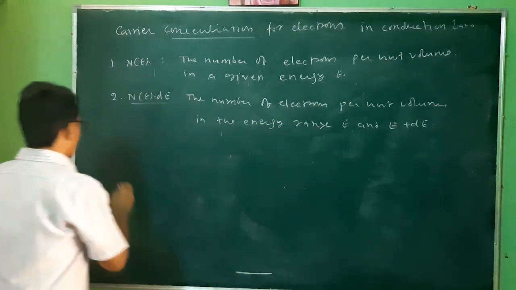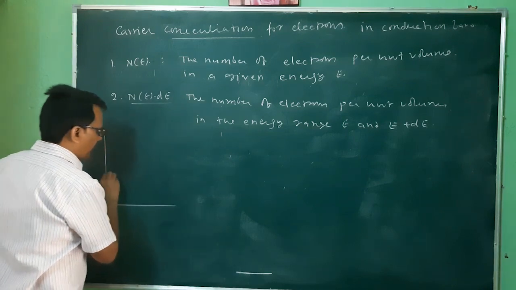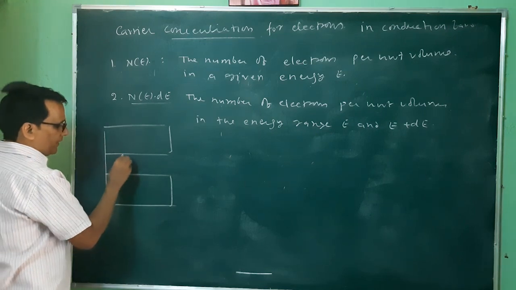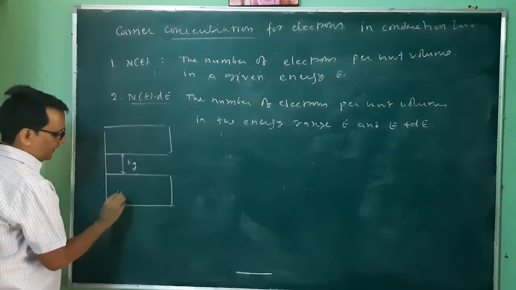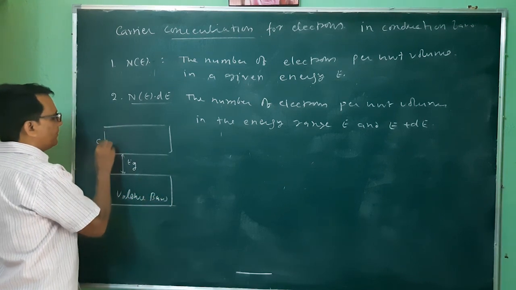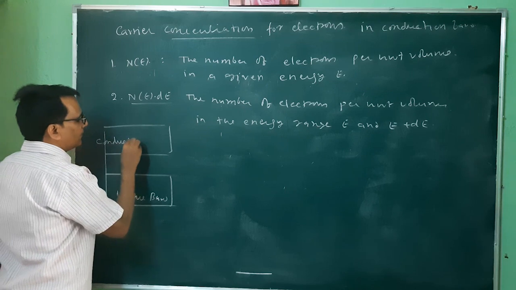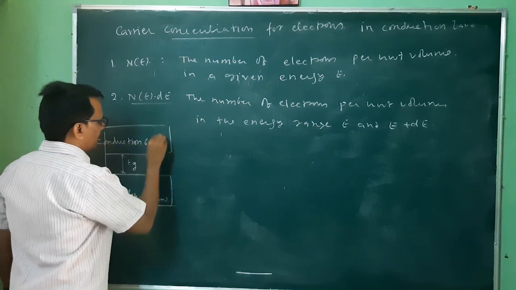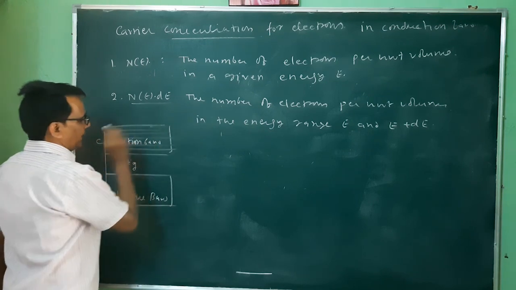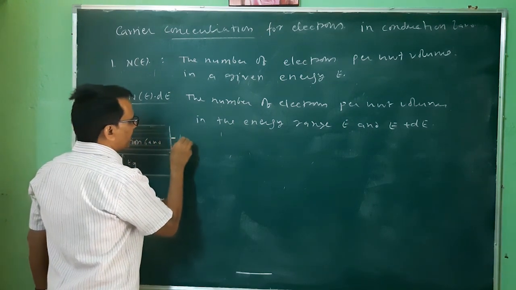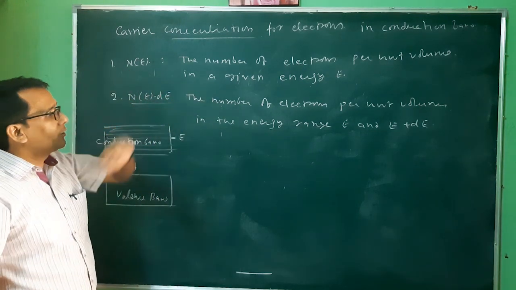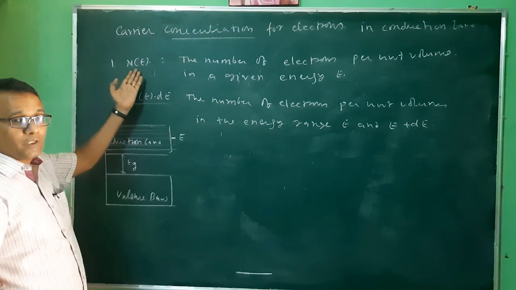So if we have the conduction band and valence band, with this energy gap, this is the valence band and this is the conduction band. In this conduction band there are so many energy levels, and we are talking about a specific energy E. For this energy level, the total number of electrons per unit volume is represented by N(E).